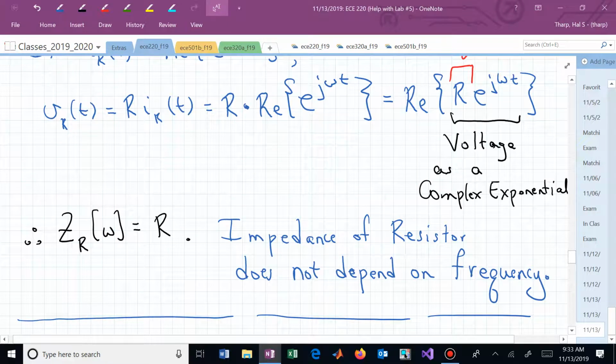So this is supposed to verify or convince you that if we go into the phasor domain or the frequency domain and the sinusoidal steady state, our resistors just come in unaltered. We don't have to worry about frequency. They look the same no matter what frequency we're using in the circuit. Z sub R of omega is R.